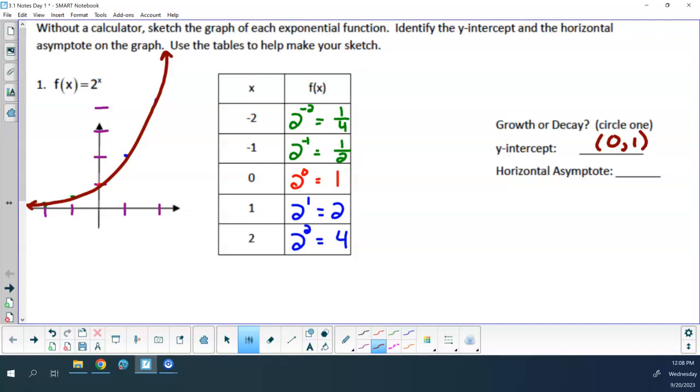Follow-up question to my follow-up question. Can this function ever be negative? Why not? We can cross over a horizontal asymptote.